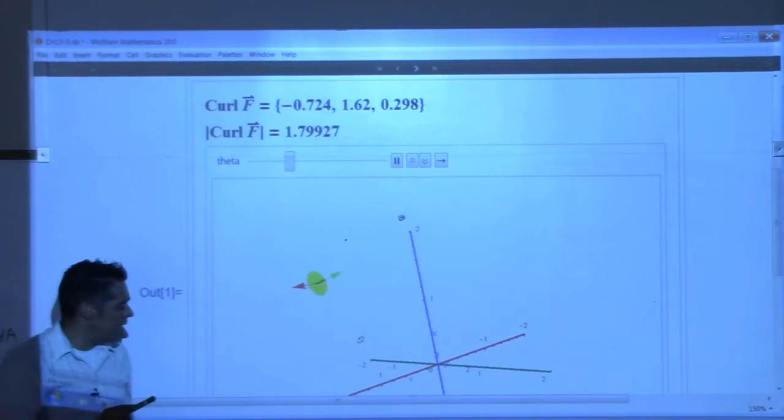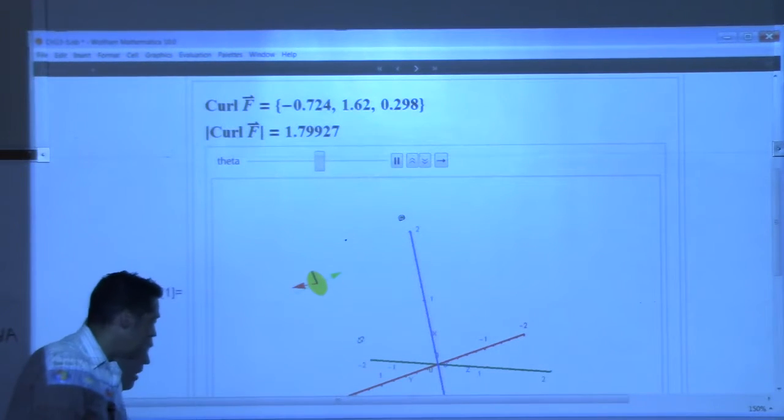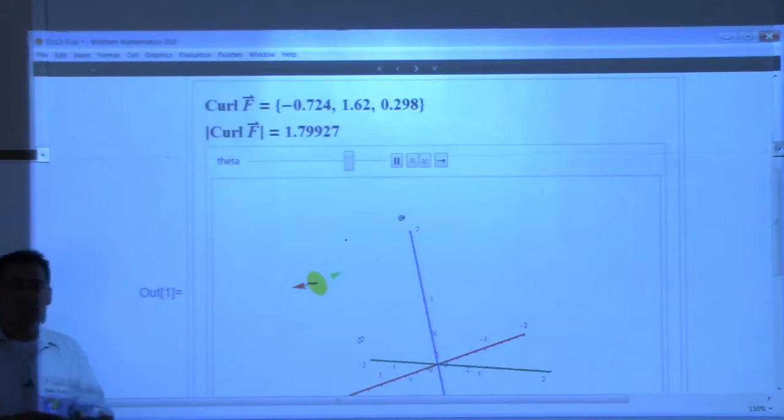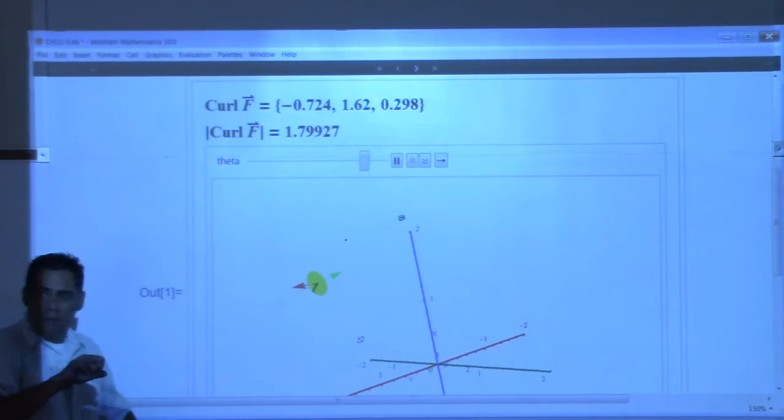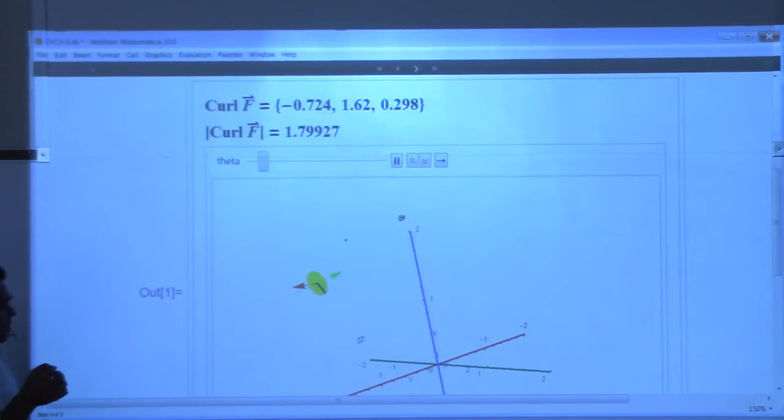So the curl vector gives you an axis of rotation, and what do you think the length of the curl vector tells you? How fast you're rotating, okay? So the longer the vector, the faster the rotation is.